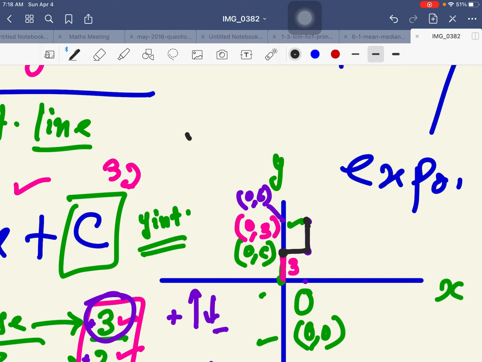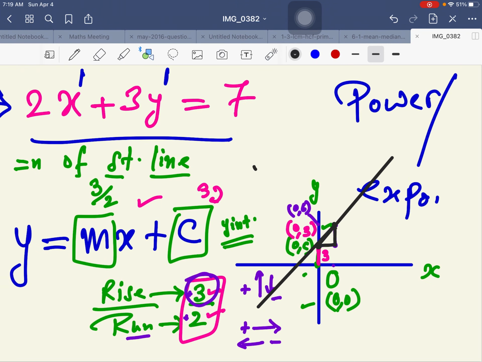I'm going to link these 2 points. So I join these 2 points and extend this side and extend this side. That's it. So this is my straight line. I drew this straight line from an equation which is y equal to mx plus c.